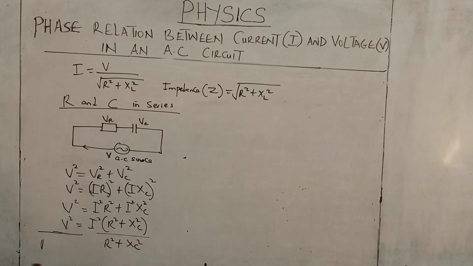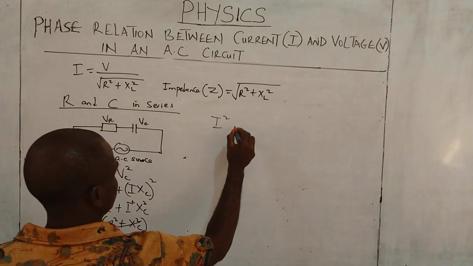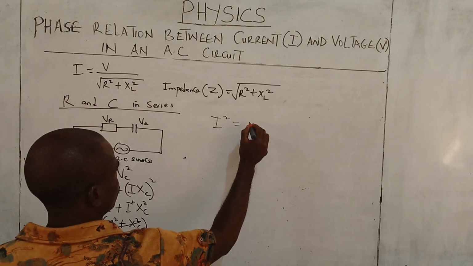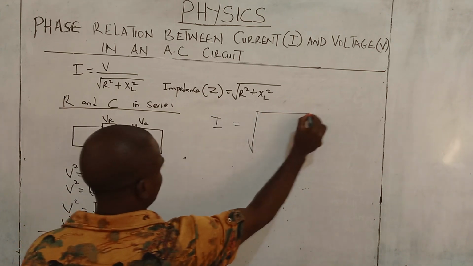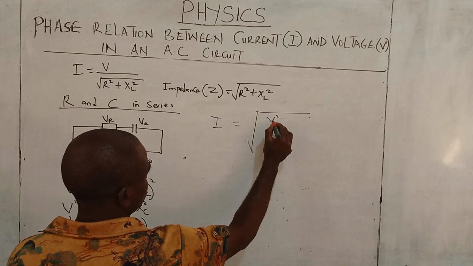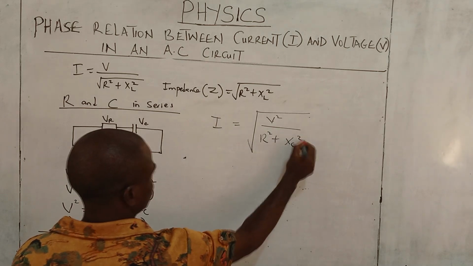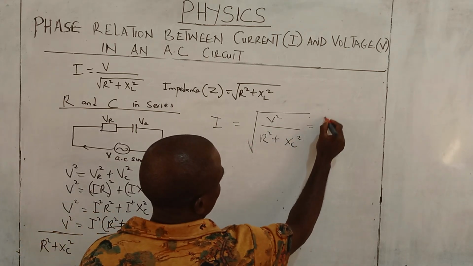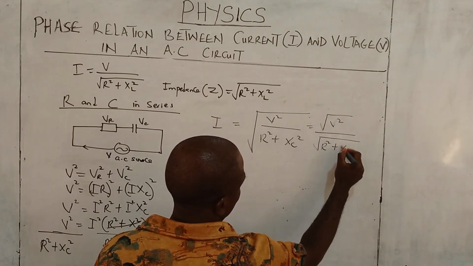Now I squared equals V squared over R squared plus XC squared. Square root, sorry, I now equals square root of V squared over R squared plus XC squared, and separate them, equals square root of V squared over square root of R squared plus XC squared.